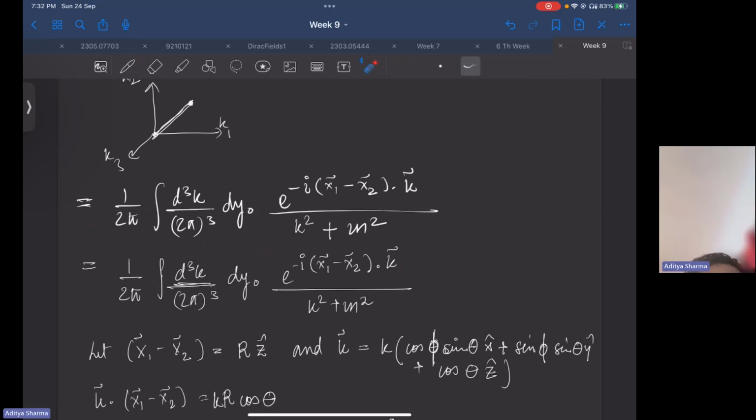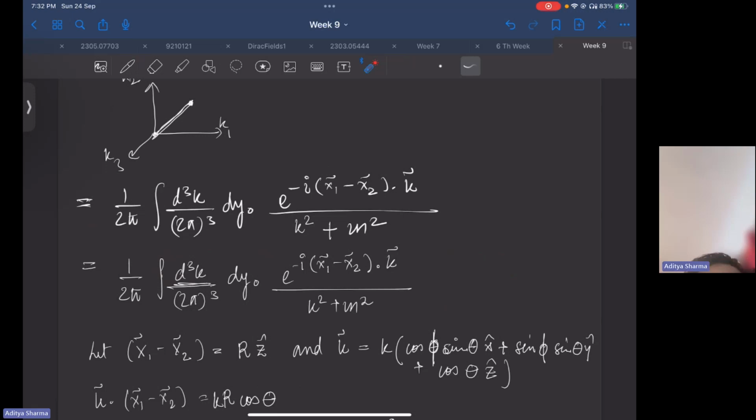So you can do the axisymmetric integral now too. You don't need anything. You just change this, and you're going to have a squared sine theta over k squared plus m squared.